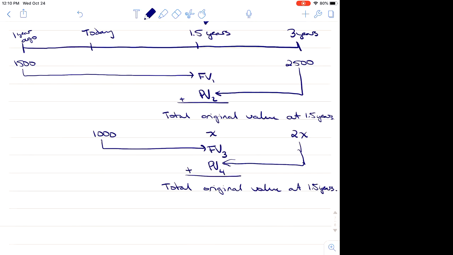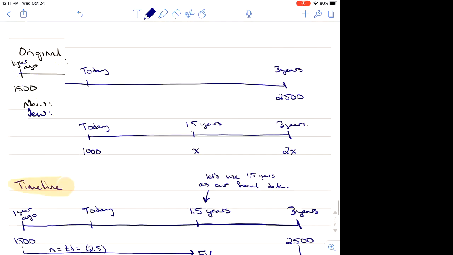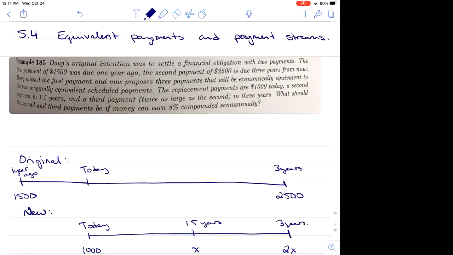So we need to finish up our timeline. We have to know n for each of these arrows. So n for this first one is time times the frequency. The length of this arrow in time is 1 year plus 1.5 years, so 2.5. And the frequency?